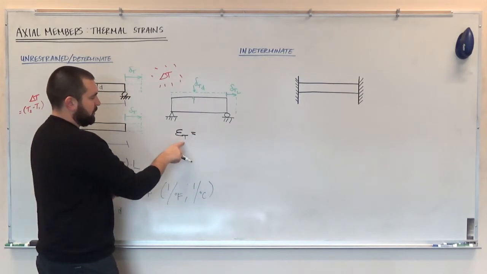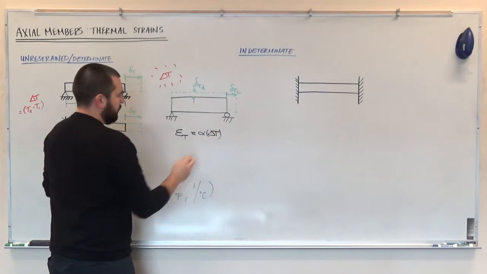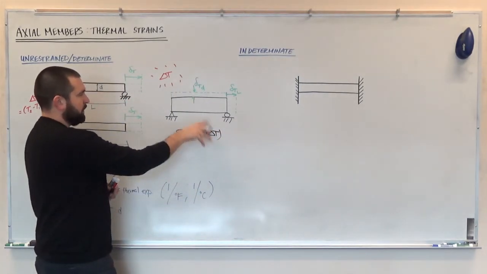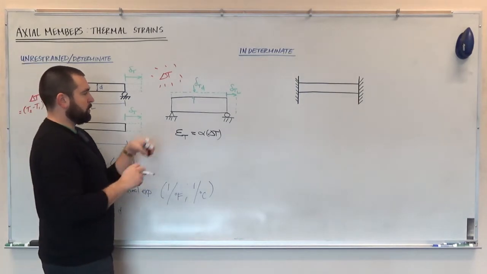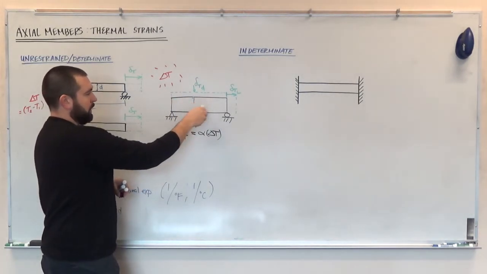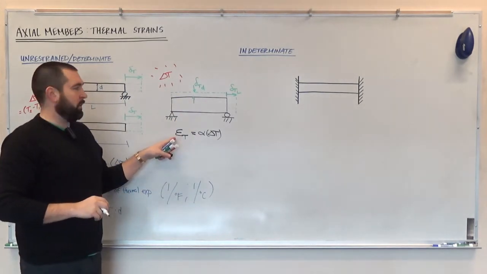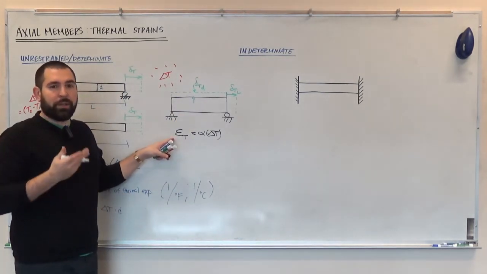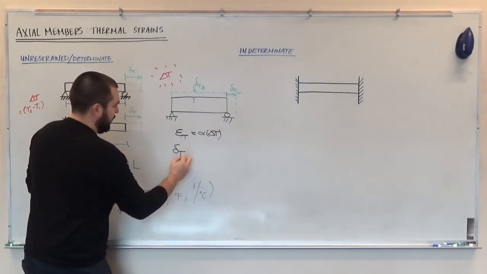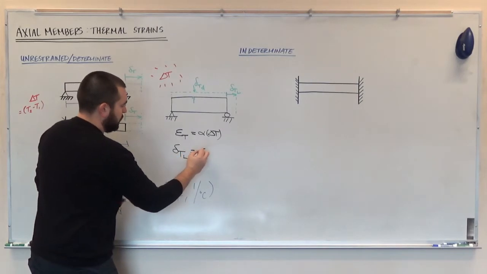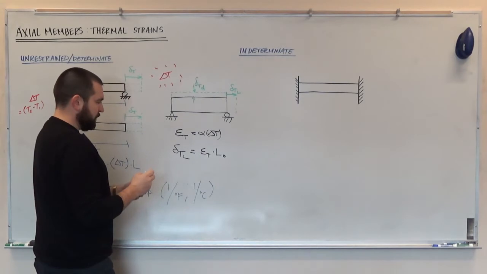The strain due to the change in temperature equals alpha times delta T. Alpha we look up in the back of the book, and delta T, for this problem at least, we're assuming is given to us. So this thermal strain applies whether we're looking longitudinally or transversely. Now if I want to apply this strain to calculate a change in length or a change in width, to calculate the change in length, it would be equal to the thermal strain times the original length.